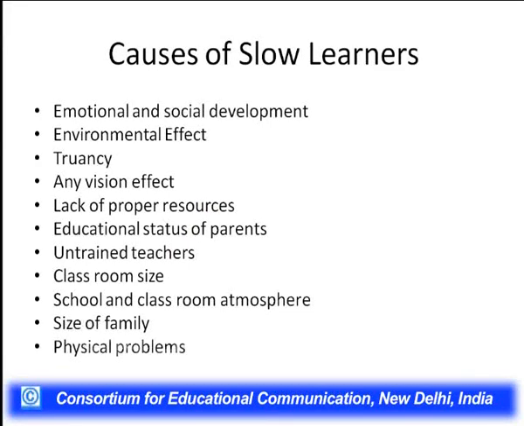Then lack of proper resources. Sometimes the resources are not properly available to the child, maybe the problem of economy due to poverty, or other resources from where to get information, or not the proper methodology, then it may also contribute in making the child an underachiever.